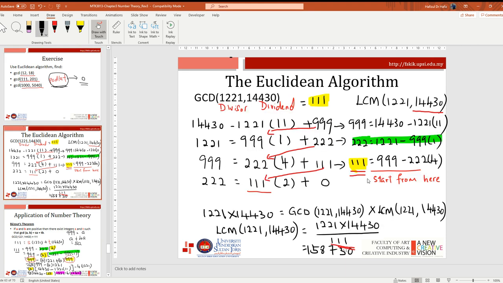For example, 1221 and 14430 divided, we got 111. And then for the LCM, multiplied by 111, we got 1,587,030.